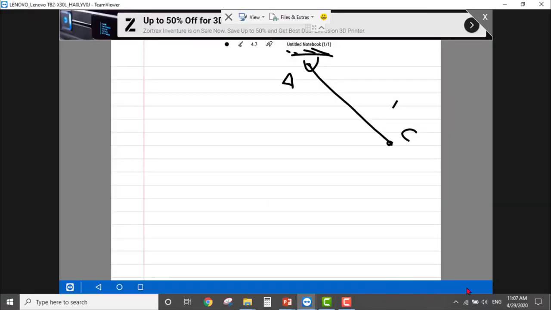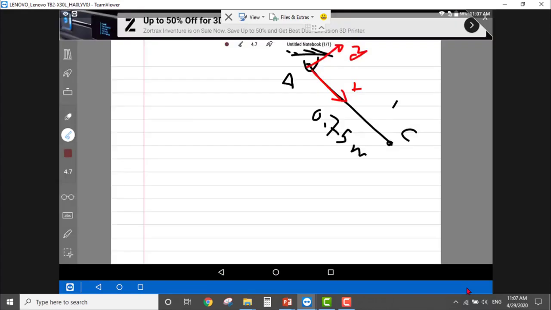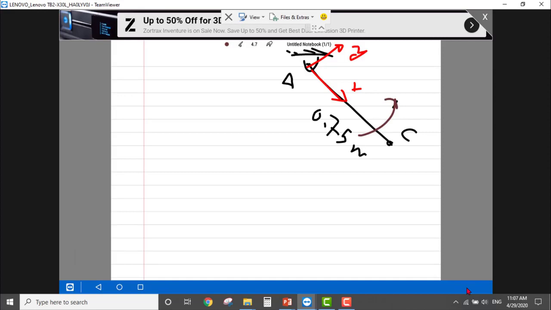So going back to this problem, from A to C its distance is equal to 0.75 meter, and the coordinate system, as we mentioned, here is the X and here is the Y. Another thing given for this problem is the angular motion, omega AB for this rod, and also alpha is given as 2 rad/s squared.